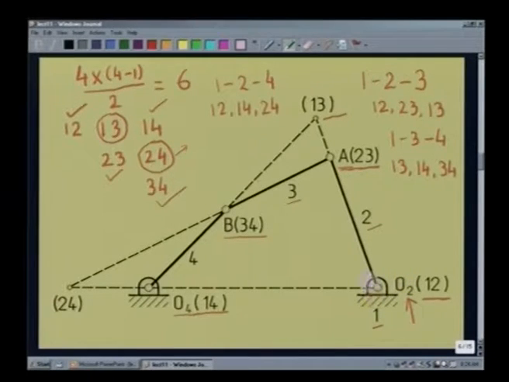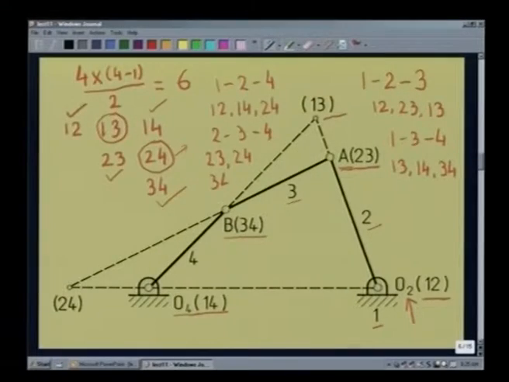Then we can consider 3 rigid bodies, namely 2, 3 and 4. Consequently, the Aronhold-Kennedy theorem says 3 instantaneous centers 2 3, 2 4 and 3 4 also are collinear.